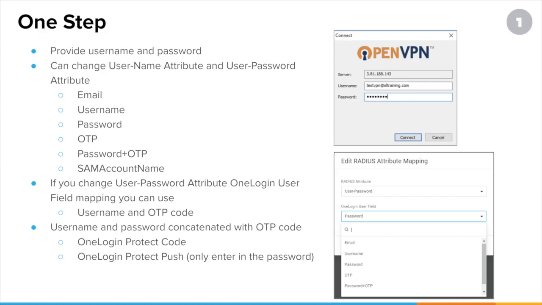So if you don't type your password plus the OTP and you just type the password, even though OTP is required as well, that will trigger the push notification to the OneLogin Protect app. But it'll only do so if OneLogin Protect is their default authentication factor.